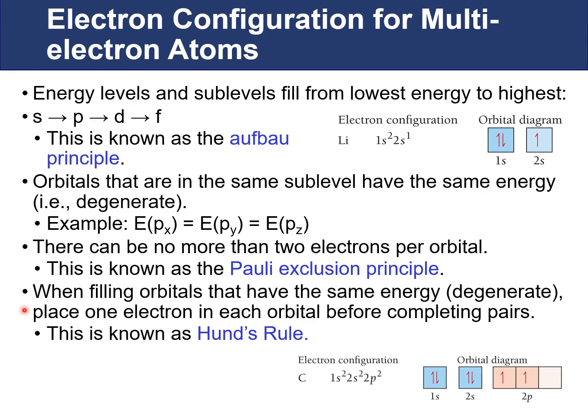What we are attempting to do is to put the electron in the lowest energy orbital. So if there is one that is vacant, it will be lower in energy than an orbital that already has an electron. This last rule of half filling before we fully fill is Hund's rule. Hund's rule is: put an electron in each one of the sublevels before you put a second electron in.